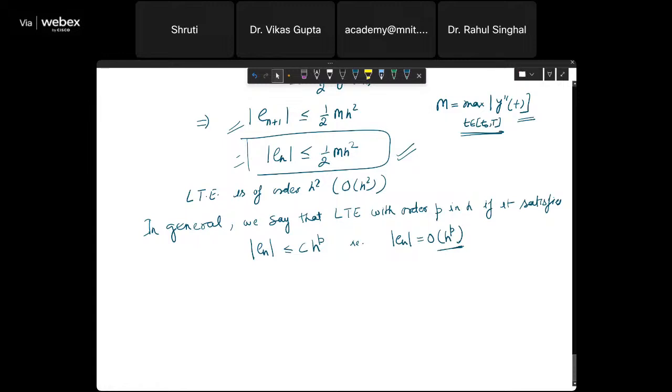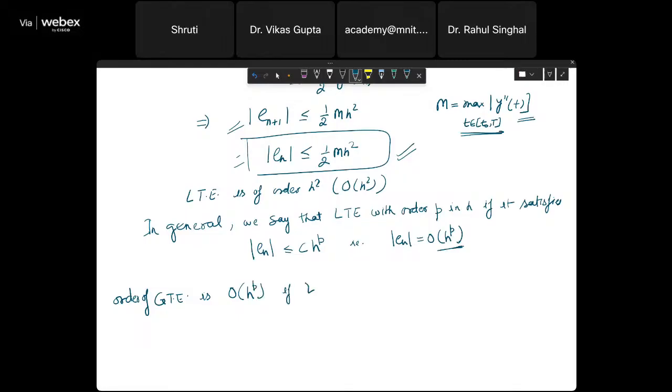So what I'm saying is as follows: the order of the global truncation error is h to the power p minus 1, or maybe I'll write p here, if the local truncation error is of order h to the power p plus 1.